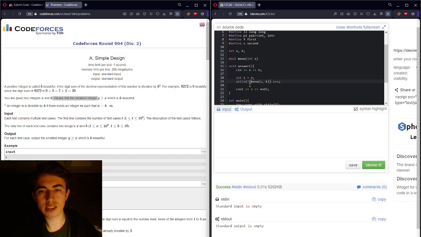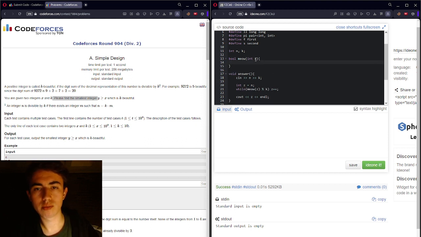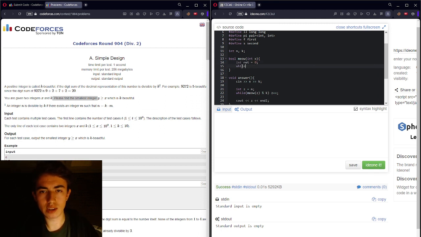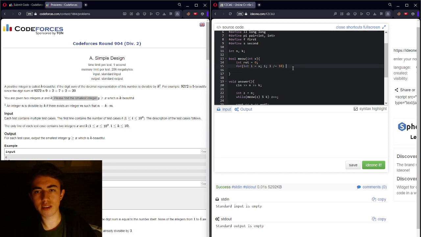Let's have the test be the sum of digits, and just say the sum percent k. The function will compute the sum of digits of x. So let's just do a while loop, and then we're just going to add, and then of course return the result.